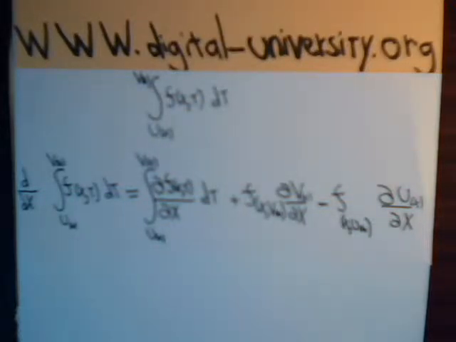They were all set up here to help us develop the Leibniz rule, and here is the most general expression of it. Now what we're going to do is use this to solve a specific problem, and that will be this one here.